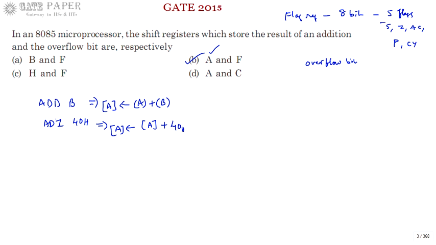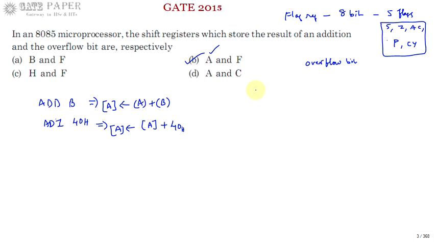These are the 5 flags, but out of these, nothing is related to overflow. So 8085 documentation doesn't define any overflow bit in the flag register; out of 8 bits only 5 flags are used, and the others are not used.